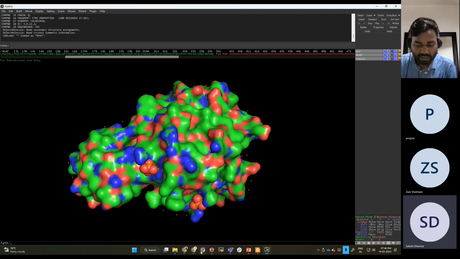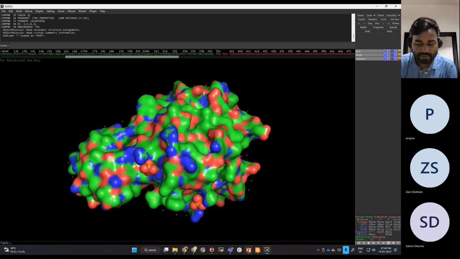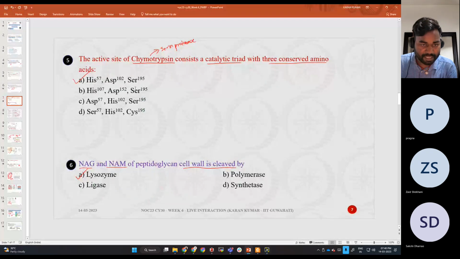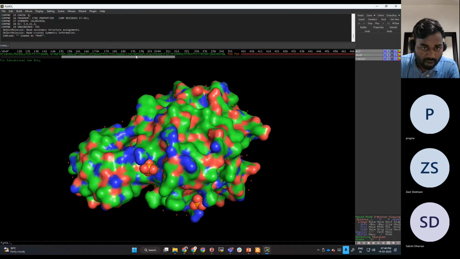We downloaded the chymotrypsin structure, so it was serine 195, aspartic acid 102, and histidine 57. Okay, let us mark that here. So 190, this is 191, 192, 193, 194, 195. On serine, it is 195.